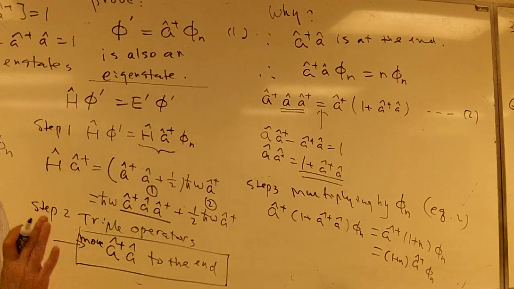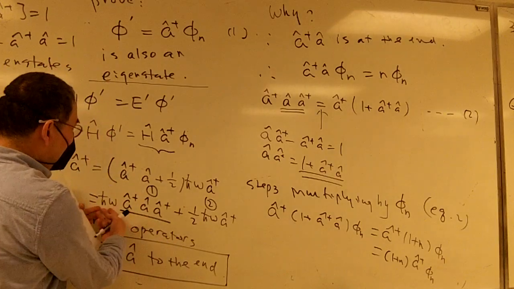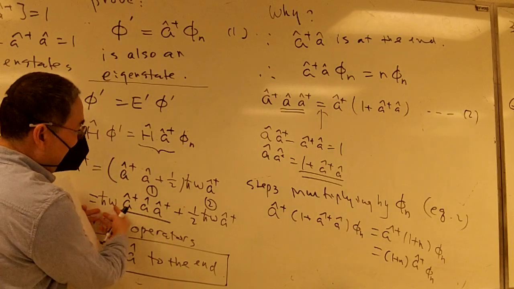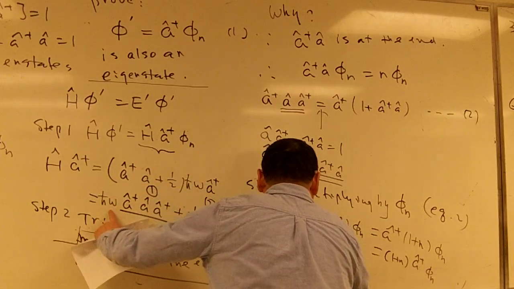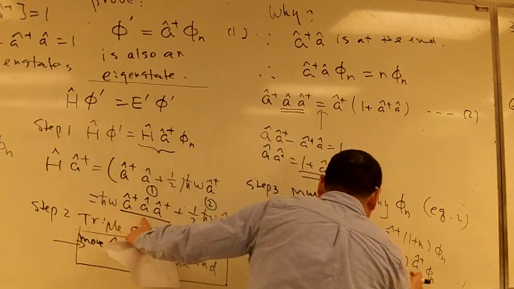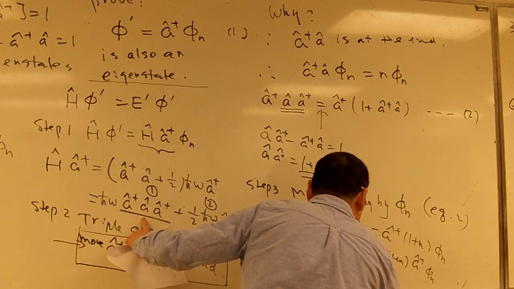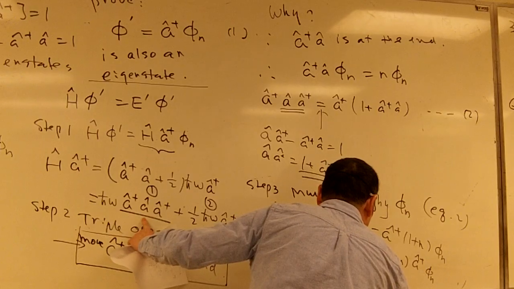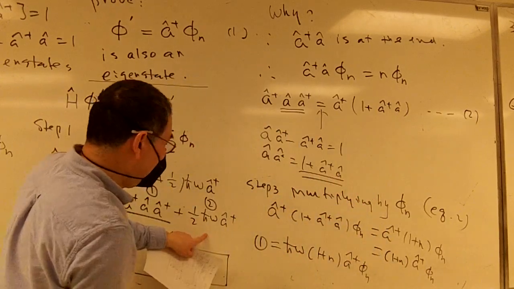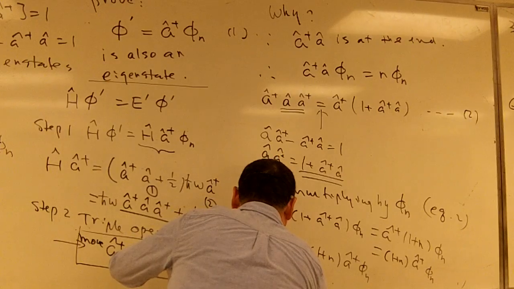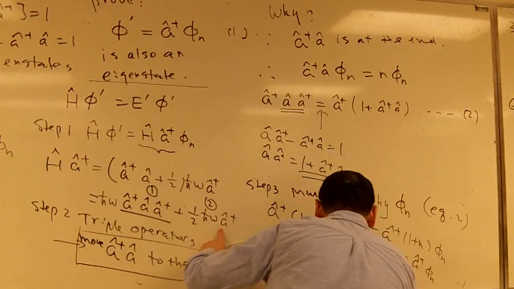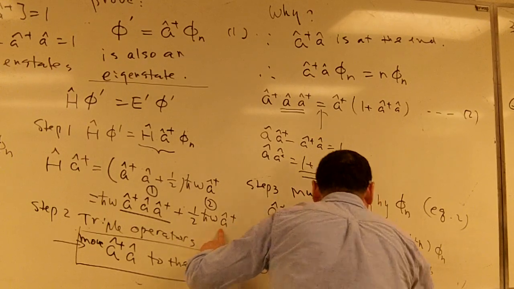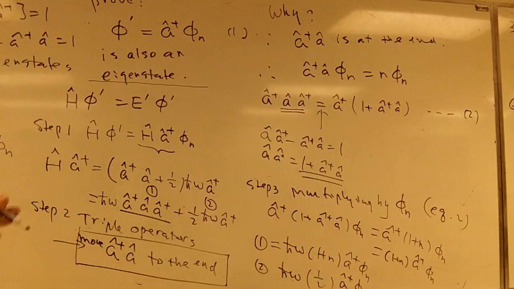So our term number 1 is going to be h bar omega multiplied by 1 plus N, A dagger phi N. Our term number 2 is h bar omega 1/2, A dagger phi N. So that's the first term, second term, multiplied by each other.